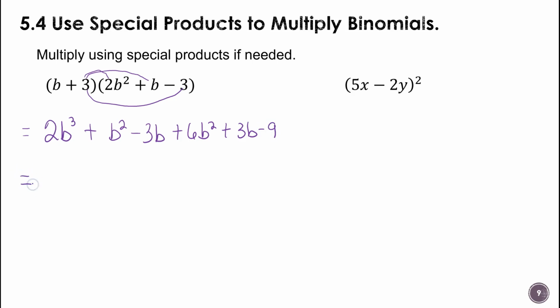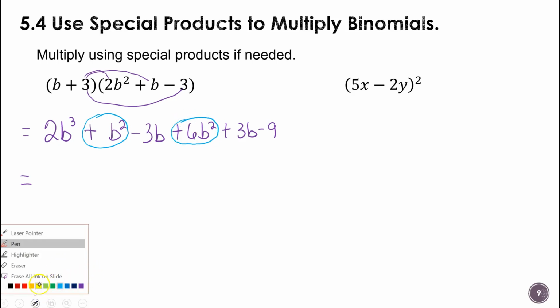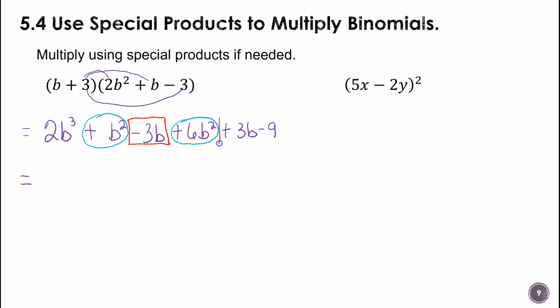Now we're going to combine anything we can. So let me get some different colors here. We have a 1b squared and a 6b squared. We also have negative 3b and positive 3b. And then the rest of it has to stay the same.